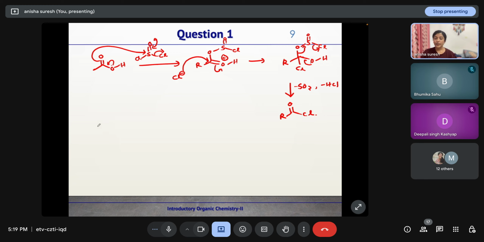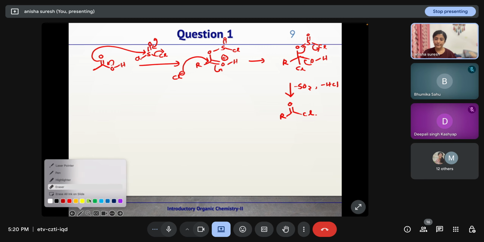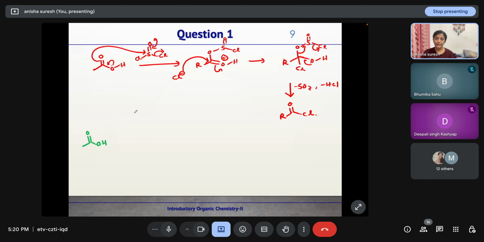Okay, now how it is reacting with PCl5 we will see. It is also following a similar mechanism. We'll write with a different color. OH, this is PCl5.